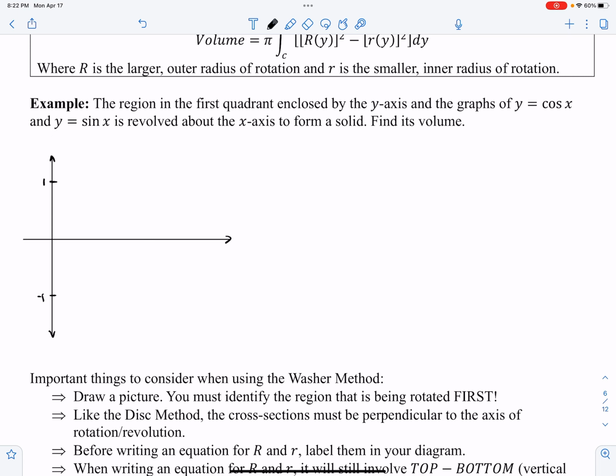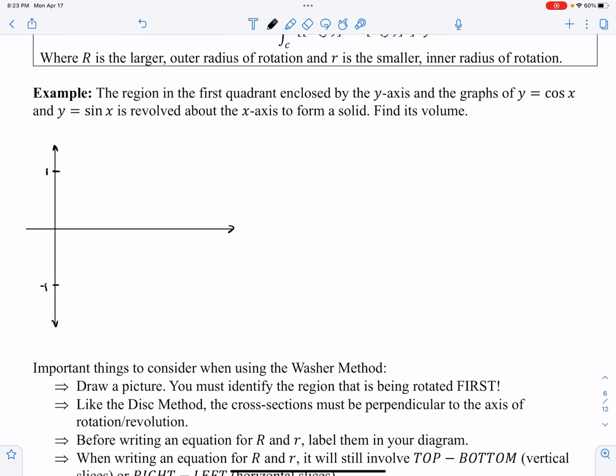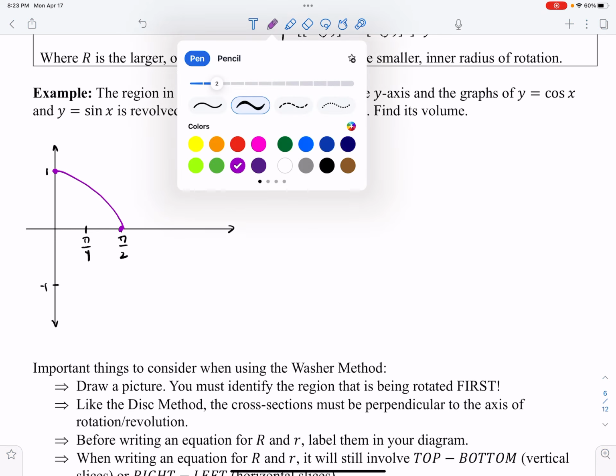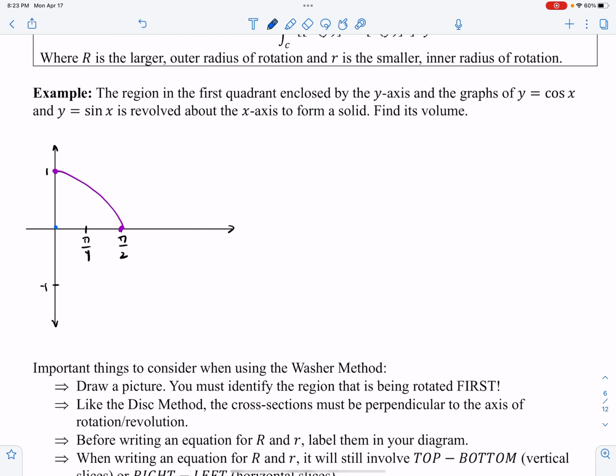Okay, I know that sine and cosine first intersect at pi over 4. I'm going to call that pi over 4, pi over 2. So cosine starts high and then passes through pi over 2. Okay, sine passes through the origin and then goes high.